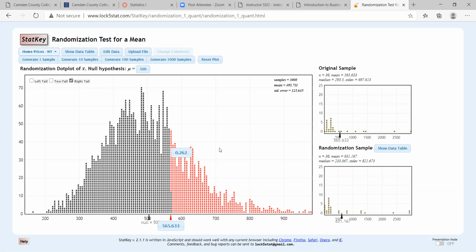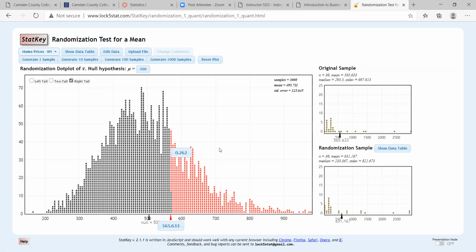So you can see that this p-value way of doing it is just an alternative to the rejection region method. With the p-value method, we determine whether the p-value is less than or equal to alpha. If it is, we reject the null hypothesis. If it's bigger, we don't.